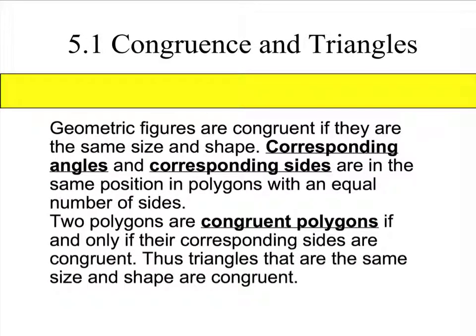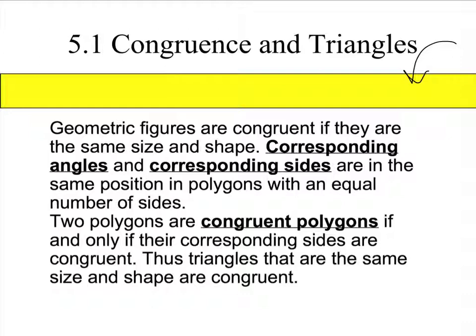I know it seems like a lot, but it is important information. It says, geometric figures are congruent if they are the same size and shape. Corresponding angles and corresponding sides are in the same position in polygons with an equal number of sides. Two polygons are congruent polygons if and only if their corresponding sides are congruent.